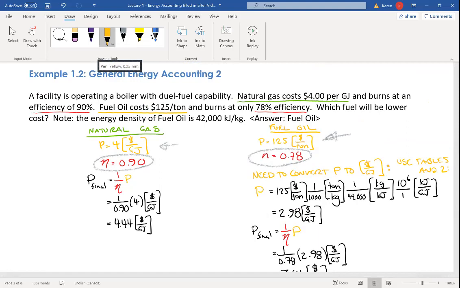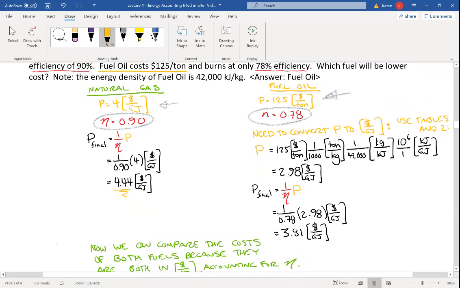This $4 per gigajoule is actually $4.44 per gigajoule at 90% efficiency. Fuel oil is a little bit different because I need to convert from dollars per ton to dollars per gigajoule in order to be able to easily compare it to our natural gas example. So I want dollars per gigajoule, dollars per gigajoule. I'm comparing apples to apples.